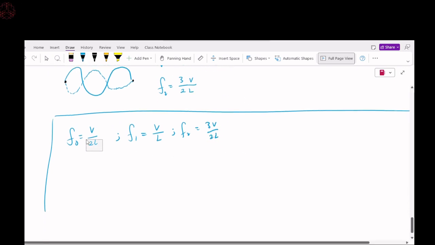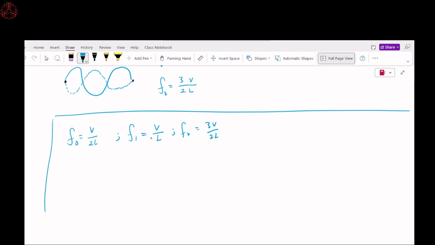Notice that there's 2L at the bottom for the fundamental and the second overtone. We might want to do that as well, so 2/2, that just cancels out. If I add another one here, you can start to see a pattern where if I have fi, the top one will just be i plus 1, times v/2L. And these form the possible frequencies for a stretched string.